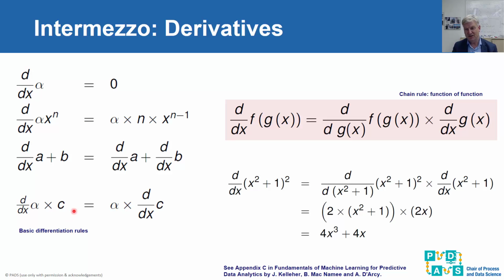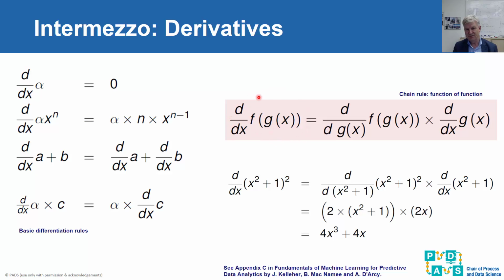You cannot always apply these, but often you can use the chain rule to compute the derivative. The basic idea of the chain rule is that if I can rewrite it somehow as a function of a function, and this could be repeated as many times as you want, then we can apply the chain rule.